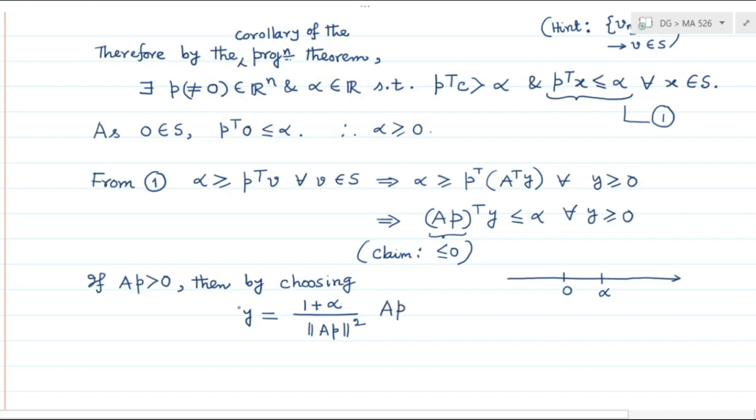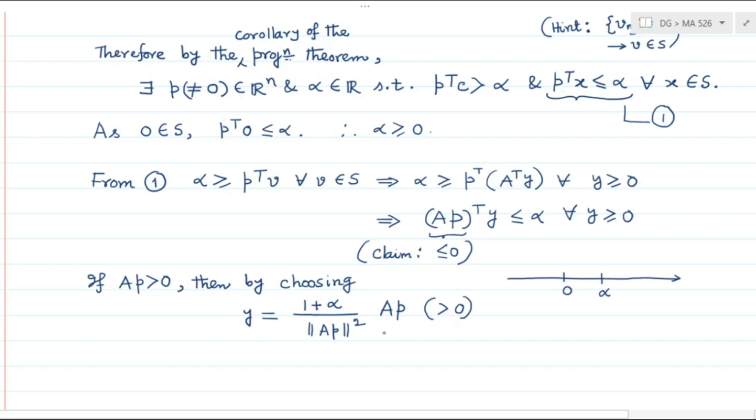Obviously this y qualifies to be greater than 0, because alpha is greater than or equal to 0 and AP is greater than 0, and therefore y is an element all of whose components are greater than 0.